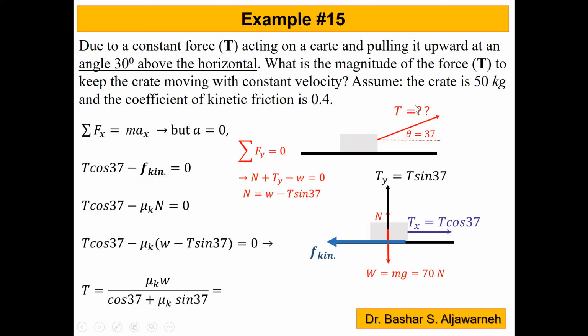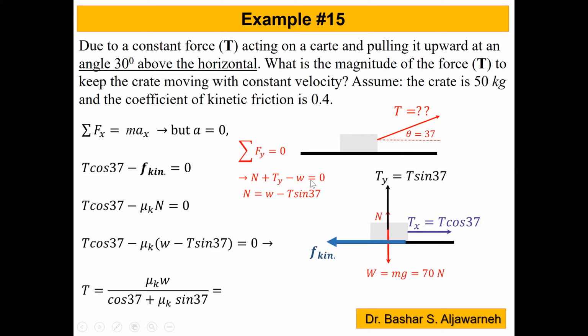So what we have to do is find the x and y components of T. So we have Tx and Ty, where Tx is T cosine theta, Ty is T sine theta, and the normal force, which is perpendicular to the surface in the upward direction, and the weight downward.